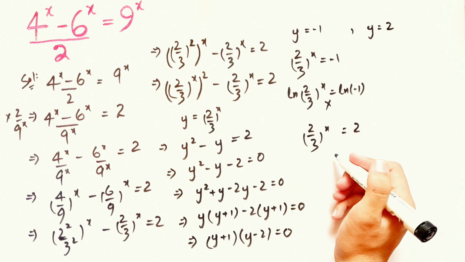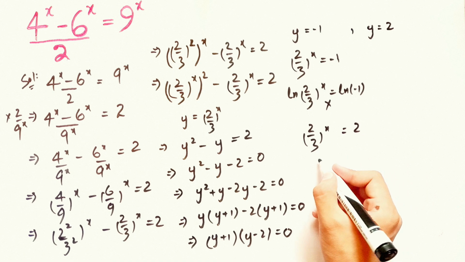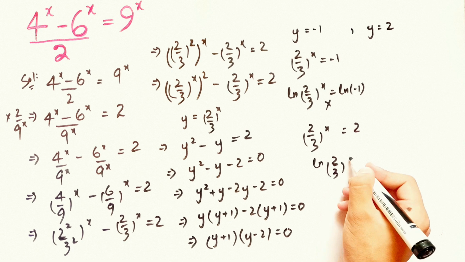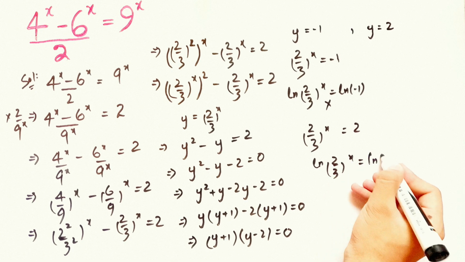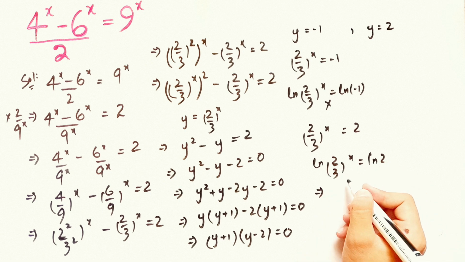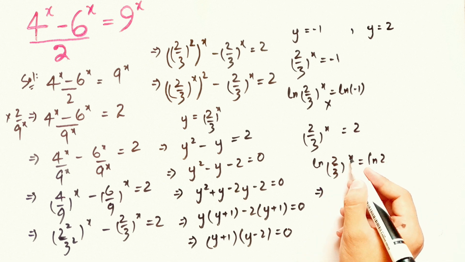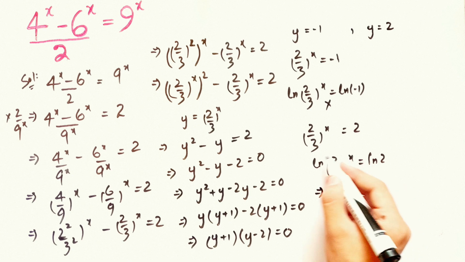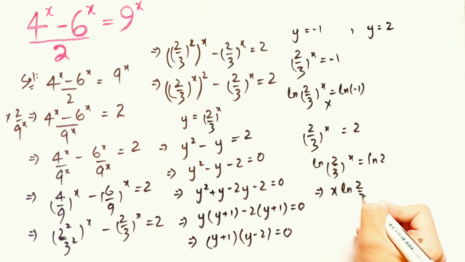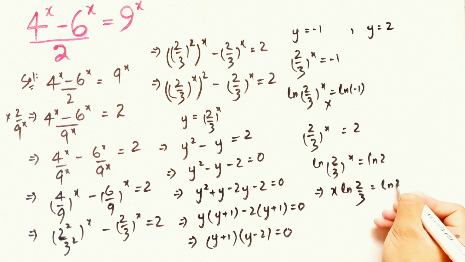Now taking natural log on both sides of the equation, we have ln of (2/3)^x equals ln of 2. By the properties of logarithm we can move this x out of the logarithm, and this becomes x ln(2/3) = ln 2.